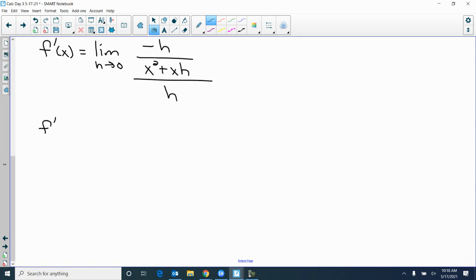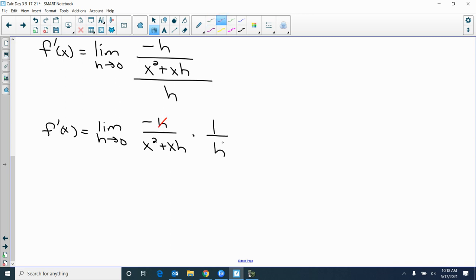So we get f prime of x equals the limit as h goes to 0 of negative h over x squared plus xh times 1 over h. Now those cancel. Those cancel. And we get f prime of x equals limit h goes to 0. We're left with negative 1 over x squared plus xh.